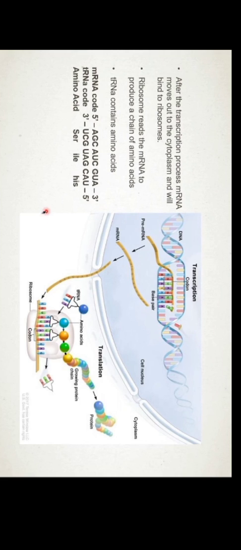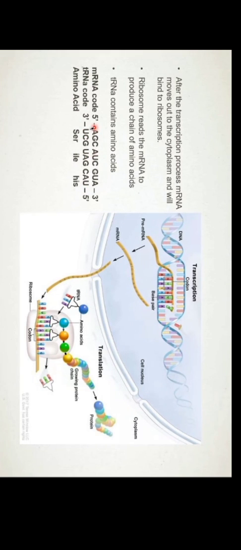So for example, this is our mRNA strand. This mRNA strand will go to the ribosome, then it will be coded by the tRNA which is inside the ribosome. So the code of our tRNA will be this.